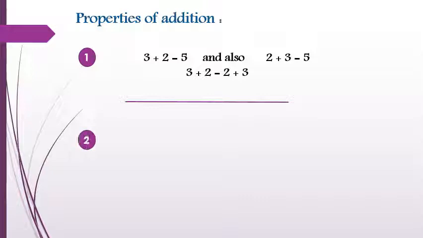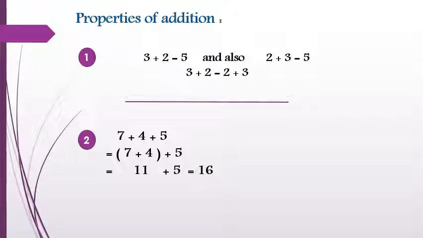Number 2. 7 plus 4 plus 5. I can put 7 and 4 between brackets and add them together. Then add 5. So 7 plus 4 equals 11, plus 5 equals 16.